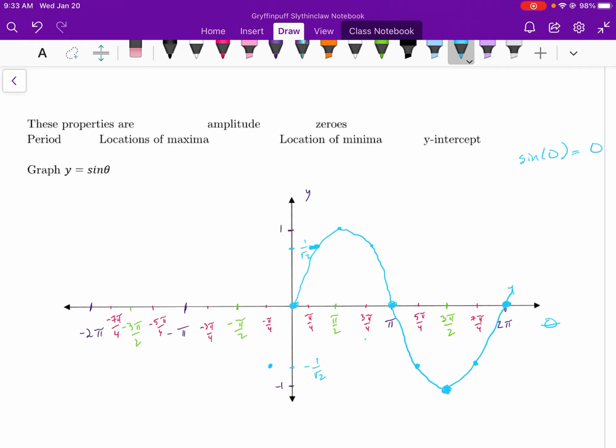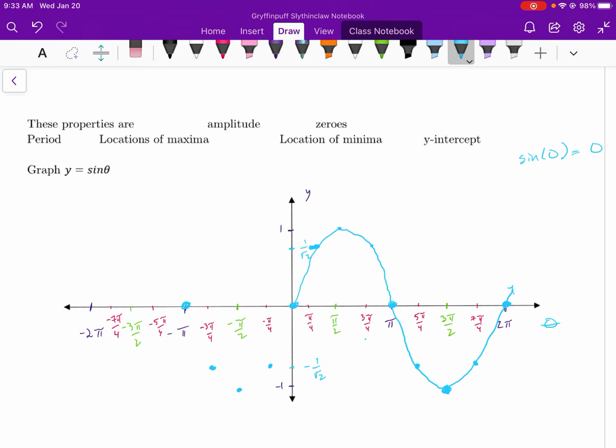So when you look at the table, negative pi over 4 has a sine value of negative 1 over root 2. Negative pi over 2 has a sine value of negative 1.